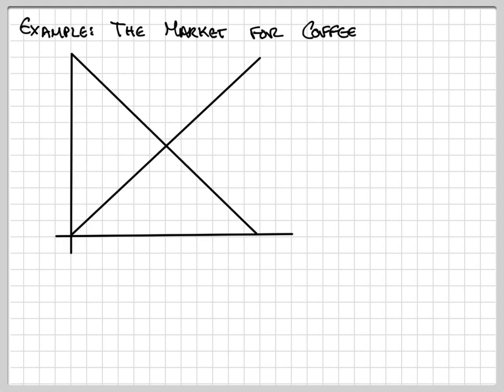So here we'll have price, and it's going to be measured in dollars per cup. Here we're going to have quantity, and it's going to be measured in number of cups. All right. Here's our supply curve, and here's our demand curve. And here is our initial equilibrium, and this is the equilibrium without tax.